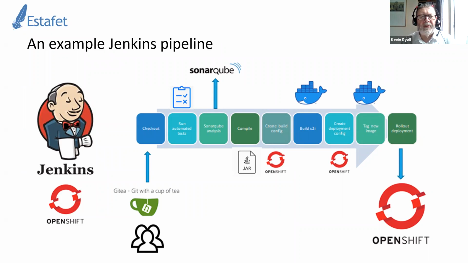The steps can include testing, running SonarQube analysis, compiling to a jar file, deploying to OpenShift, and so on. Jenkins will help you automate your pipeline, which is a set of steps that get run when you build, and it makes things easier to automate.